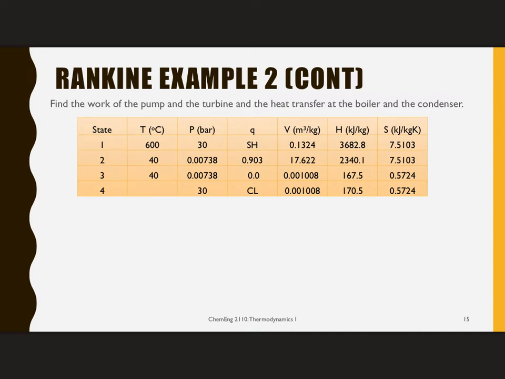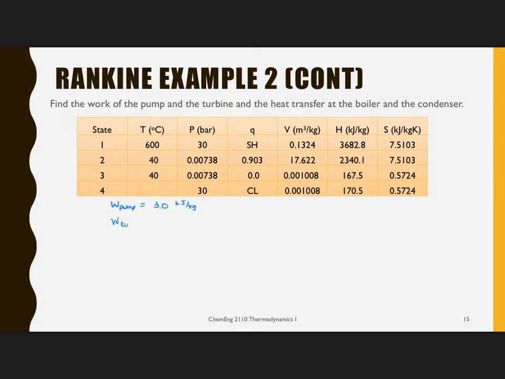Now these are going to be just like what we did before. The work for my pump is going to be 170.5 minus 167.5, so 3 kilojoules per kilogram.